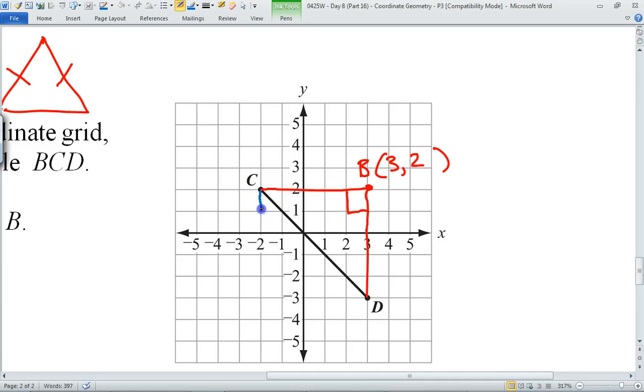If I draw the other side of my rectangle, like this, that will also be a right triangle that is isosceles. So what are the coordinates of this other possible point B? (-2, -3). Okay? So those are the 2 points that it could be.